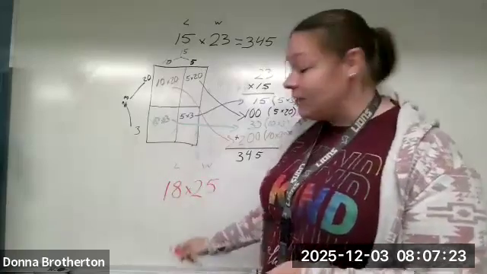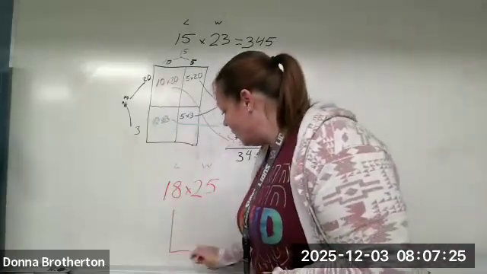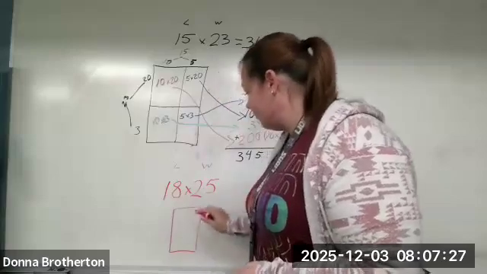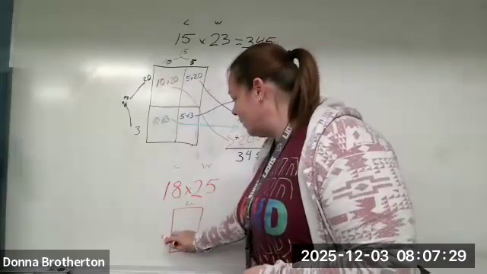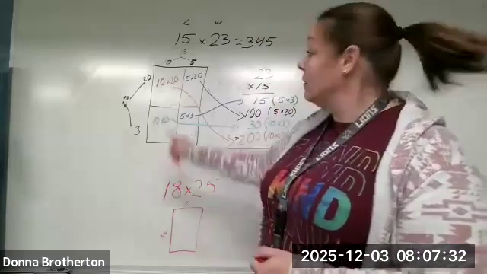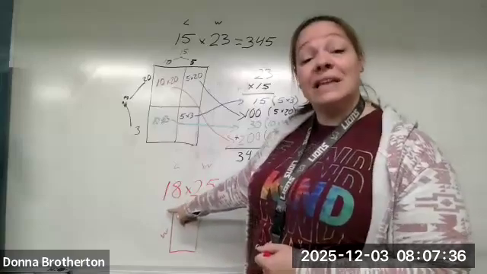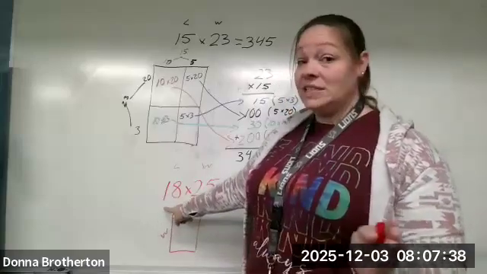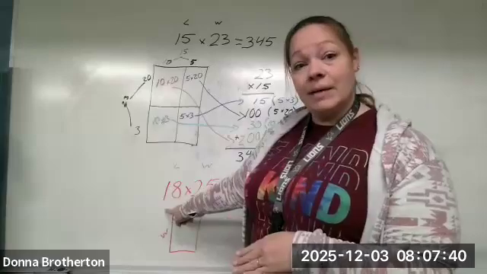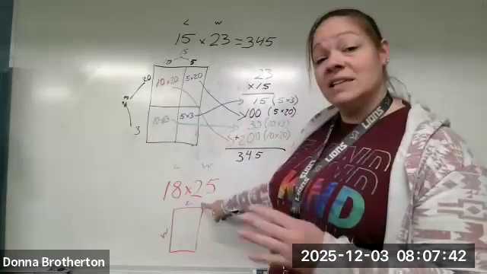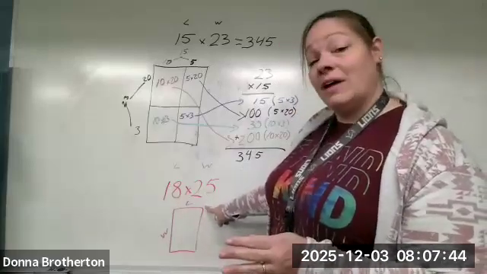How much space do I have? Start off by drawing your shape, length and width. Label them both, and then you can decompose by the place values. What tens and ones make up 18? What tens and ones make up 25?